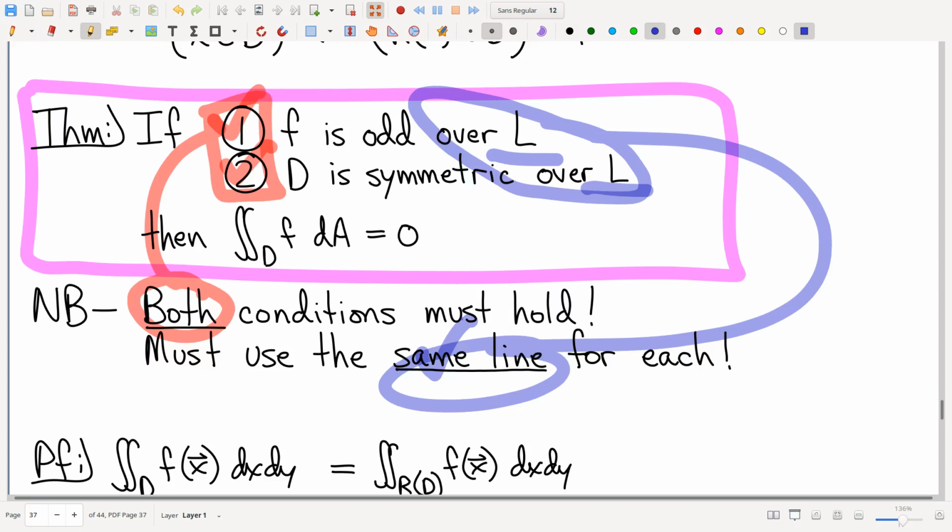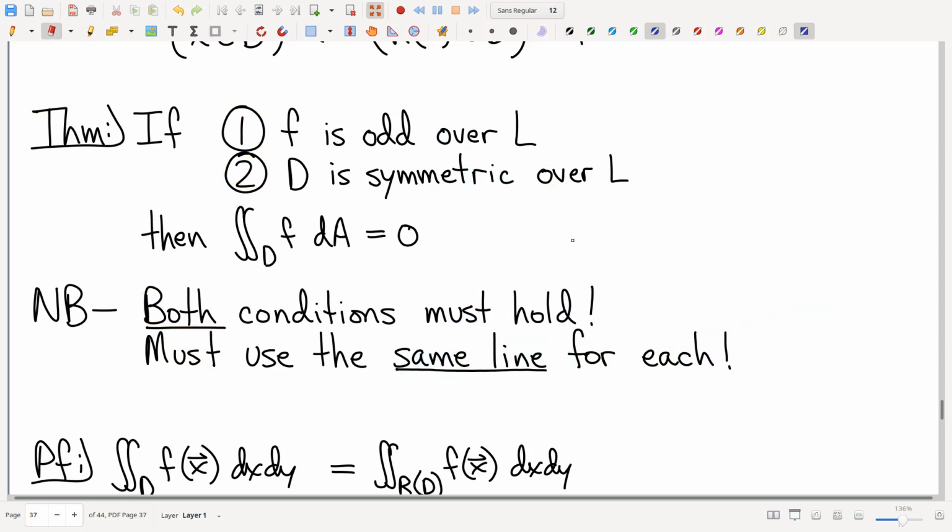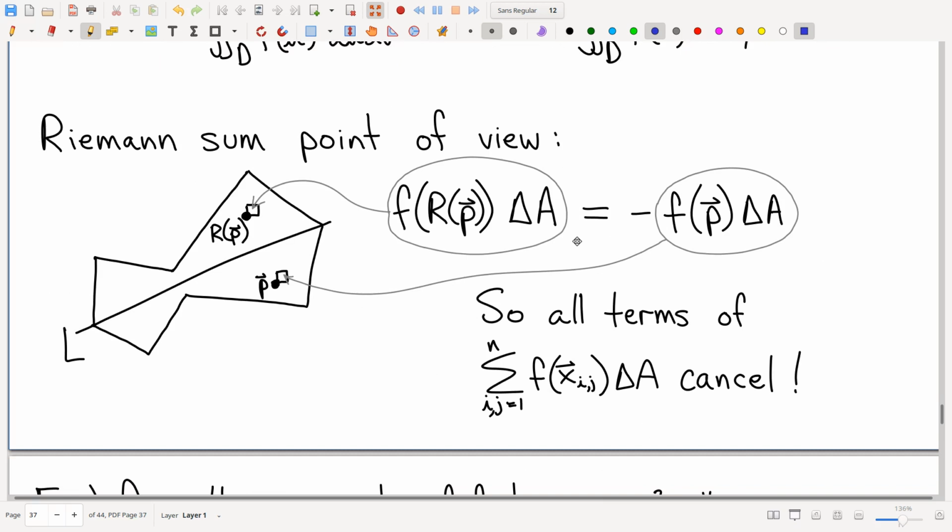Okay. And you can kind of see where those requirements come in. Let me go down here to this picture. Here's my symmetric domain, my attempt to draw a symmetric domain. Notice it is its own reflection over that line, thus symmetry. Right.